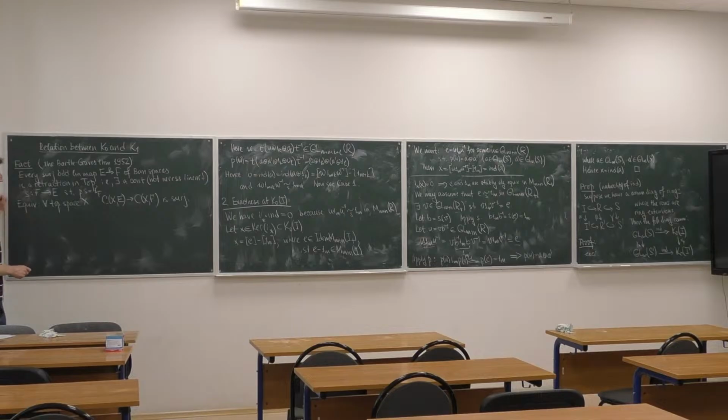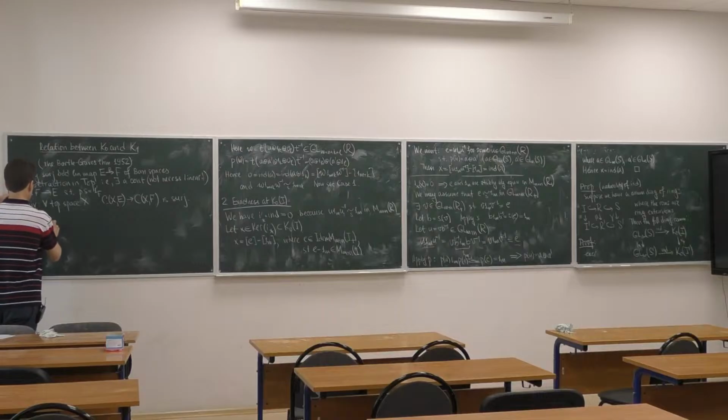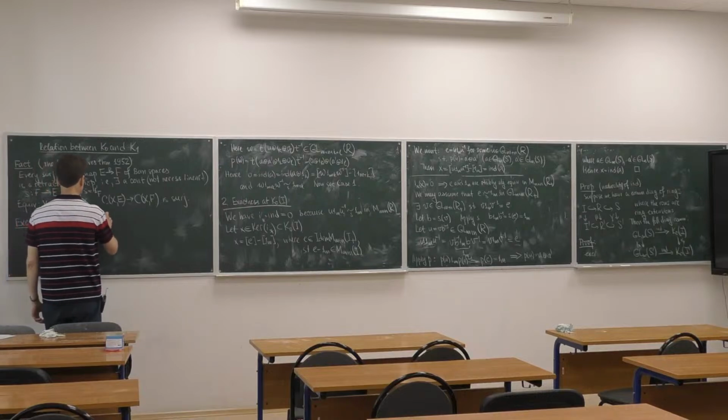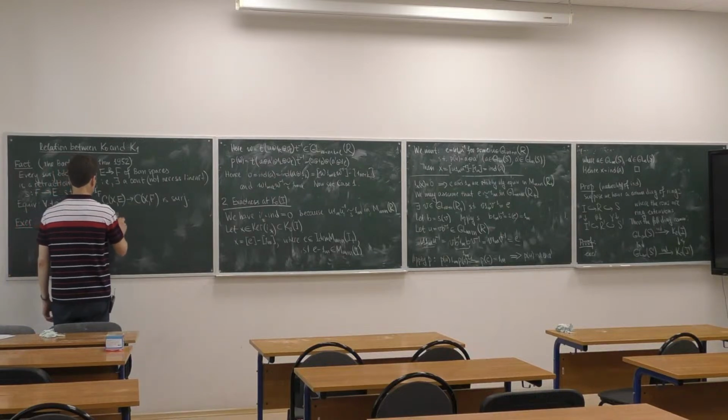In fact, if we are interested in C-star algebras only, then we can avoid using the Bartle-Graves theorem, and we can replace it by the following simple exercise. Suppose we have a surjective star homomorphism of C-star algebras.